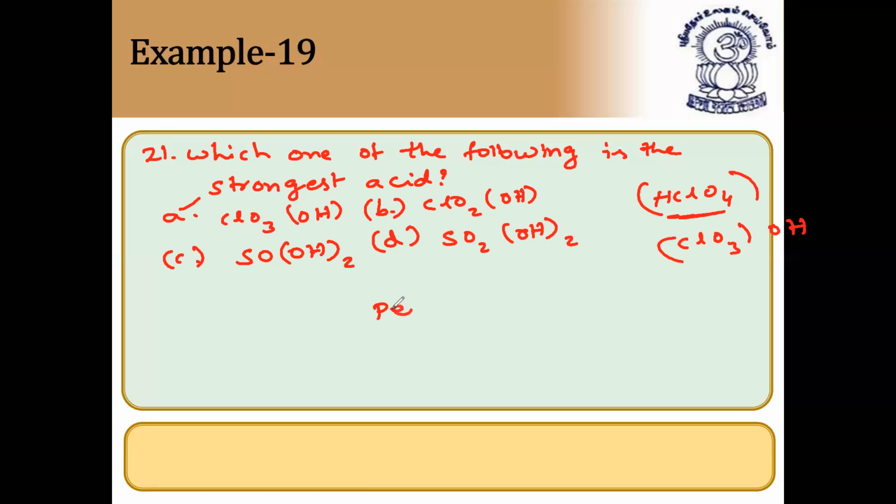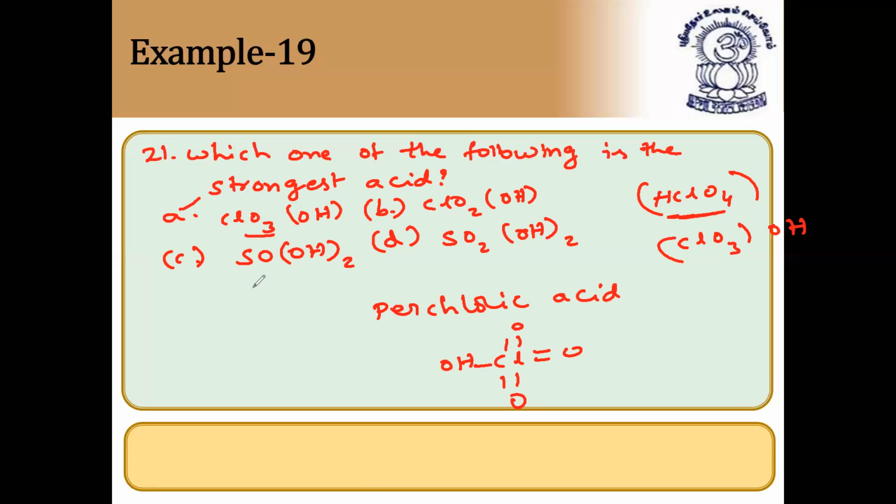HClO4 is called perchloric acid, the strongest acid. In perchloric acid, Cl is combined with three oxygens with double bonds, and on one side it is combined with OH. So in total 7 electrons of chlorine have been satisfied, because 2 here, 2 here, 2 here and 1 with OH. Since it exists as ClO3OH, they have given it like this for confusion's sake. It is a simple question, but they have given it in the IIT style.